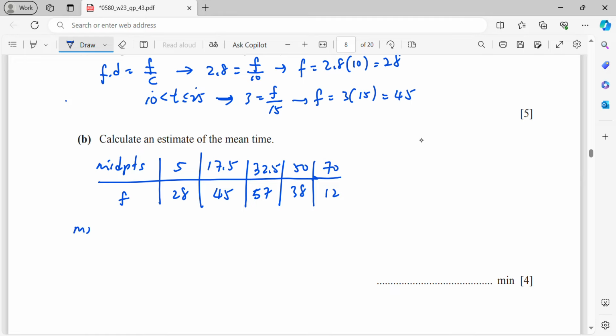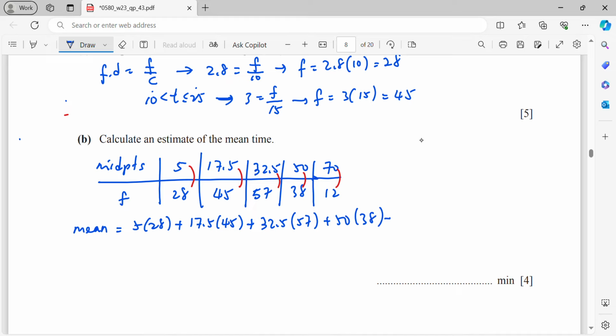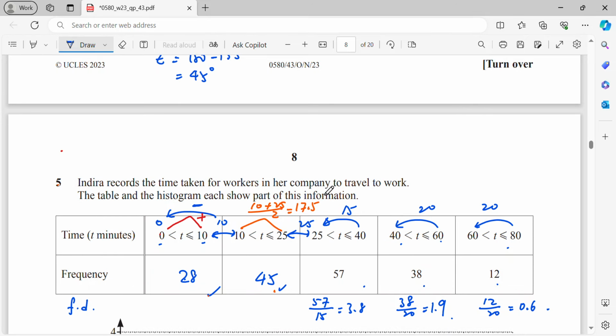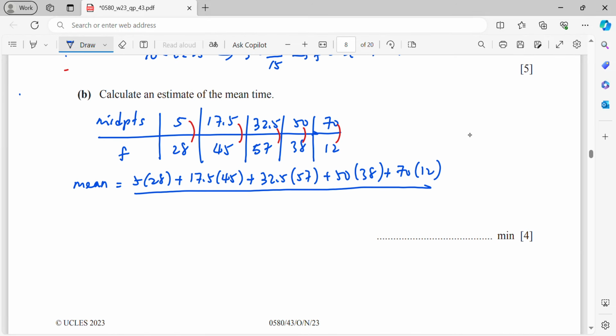Now my mean is basically you multiply all of this and then divide by the total F. That will be 5 times 28 plus 17.5 times 45 plus 32.5 times 57 plus 50 times 38, then plus 70 times 12, and then divided by the total F. The total F is not given over here, so you just write 28 plus 45 plus 57 plus 38 plus 12.